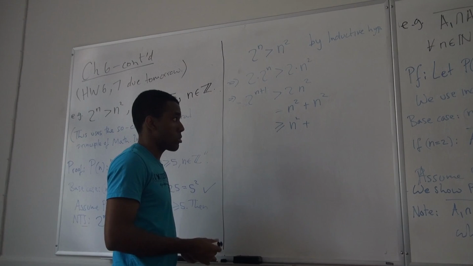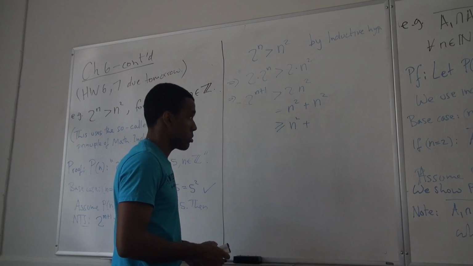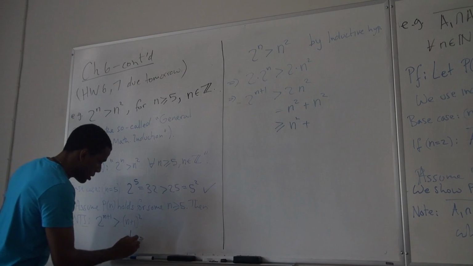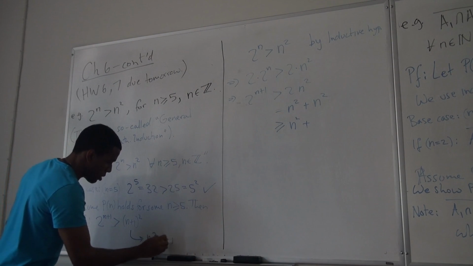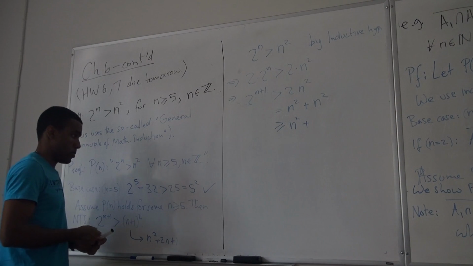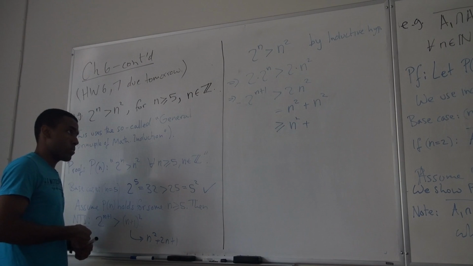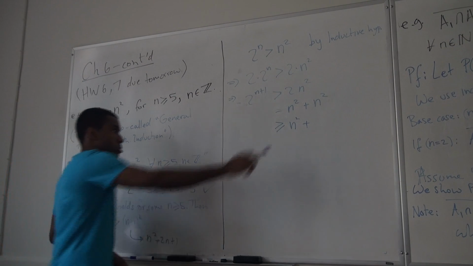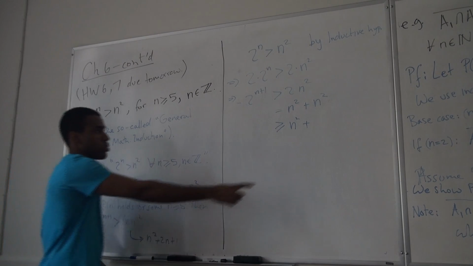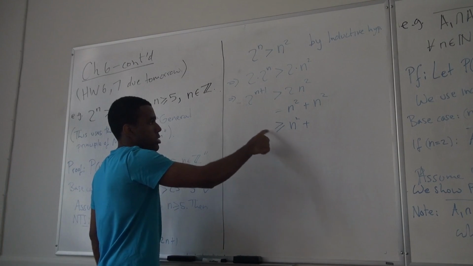If you open the parentheses for n plus 1 squared, this is what I want to show: n squared plus 2n plus 1. So if I just replace this with 2n, which I could, then adding this 1, how do I know that this will still be bigger?